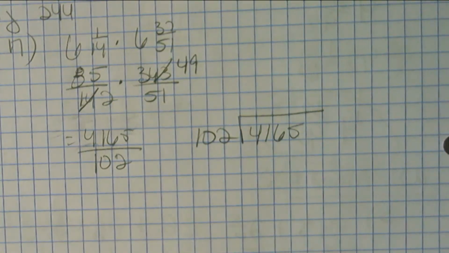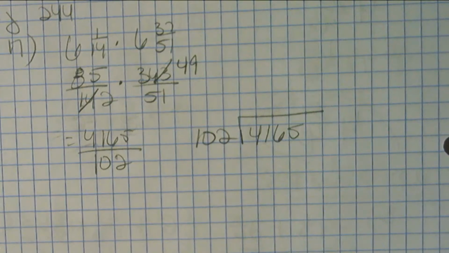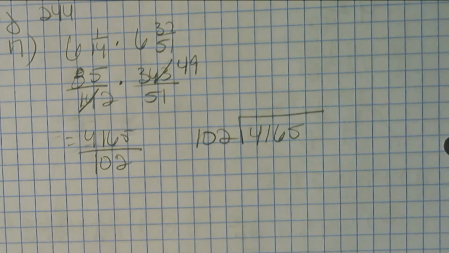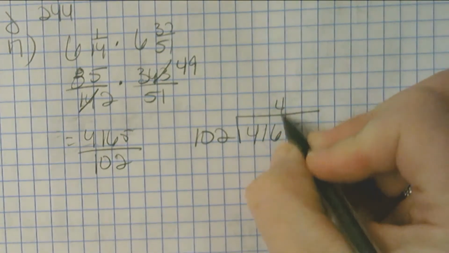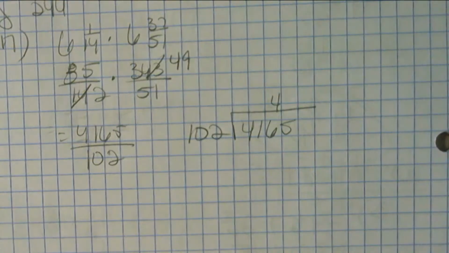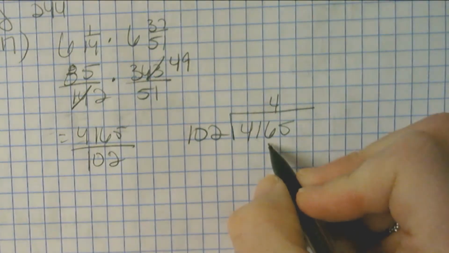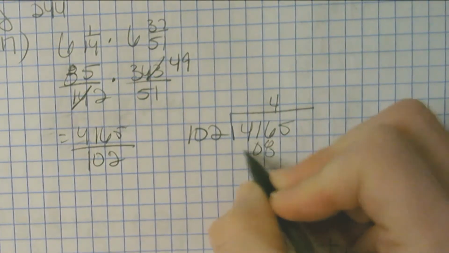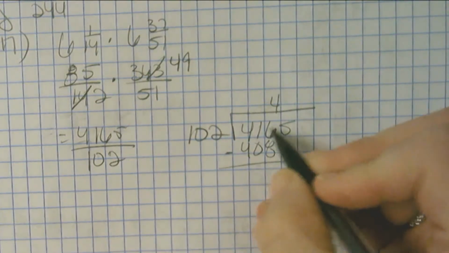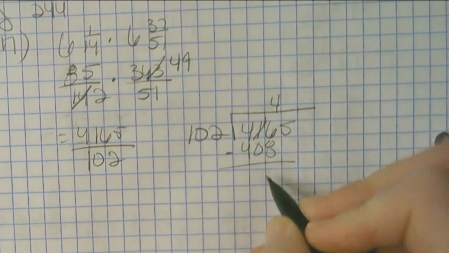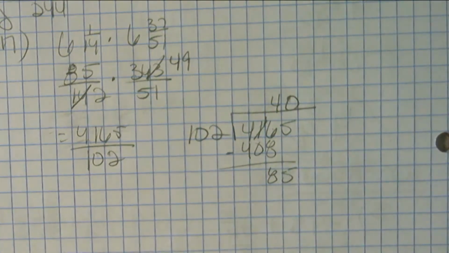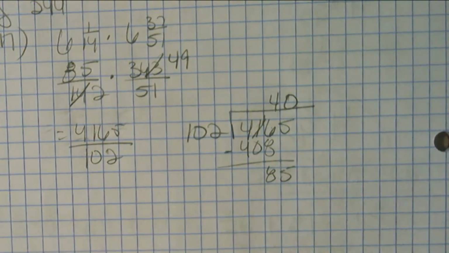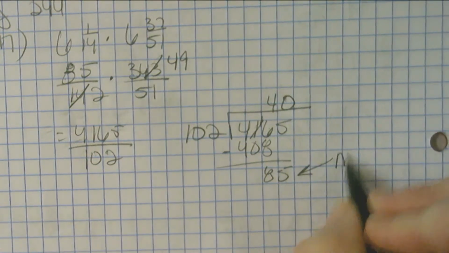All right, so I have 4,165 divided by 102. 102 divides into 416 4 times. So that's an 8, that's 0, that's a 4. So this is going to be 85. That divides into it 0 times. So this 85 now becomes my numerator.